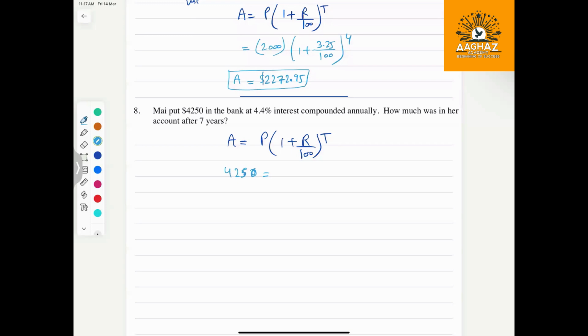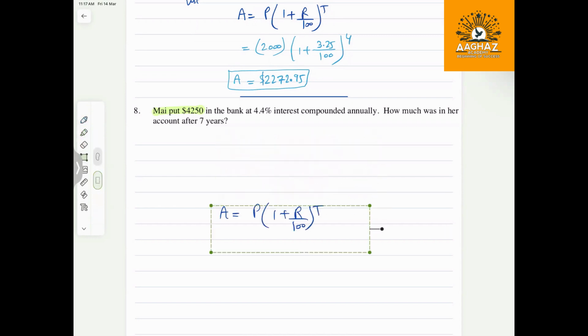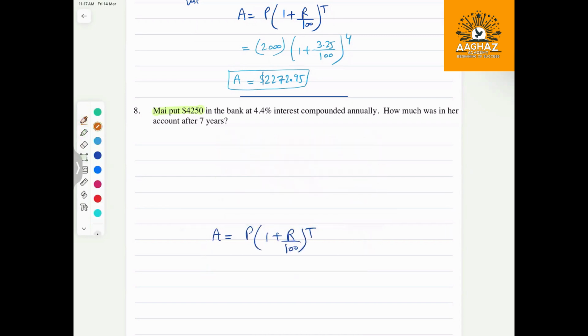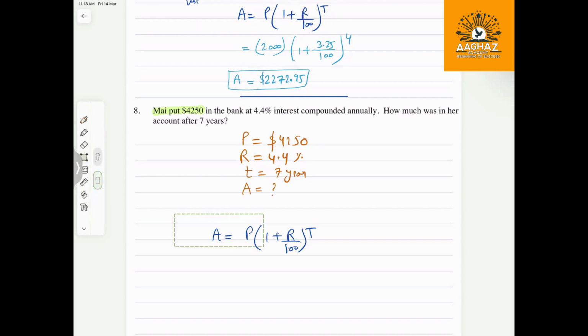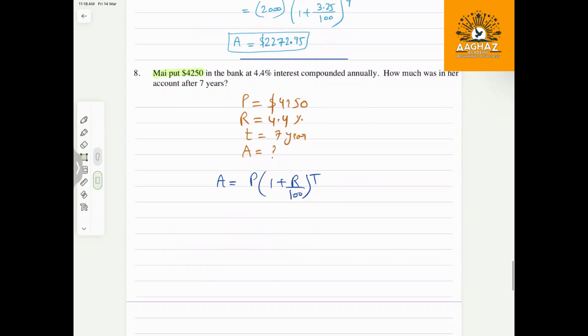It says put this amount in the bank, so that will be the P. P is given, that is $4250. And the rate is 4.4%. And how much time? Time is given, that is 7 years. And what I want to find is the amount value after 7 years.